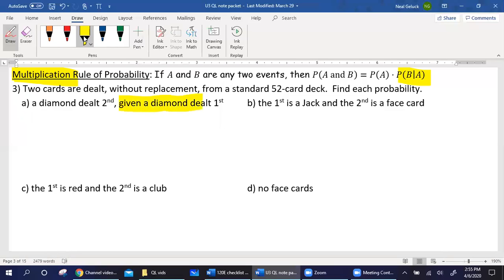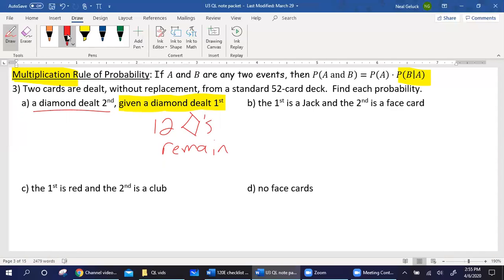Given that a diamond is dealt first, well, let's think about what that means. If a diamond is dealt first, that means there are now 12 diamonds left. What are the chances that I'll get another diamond?